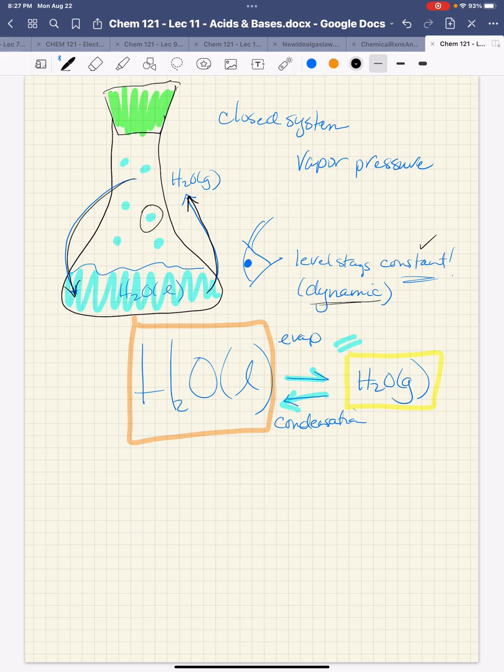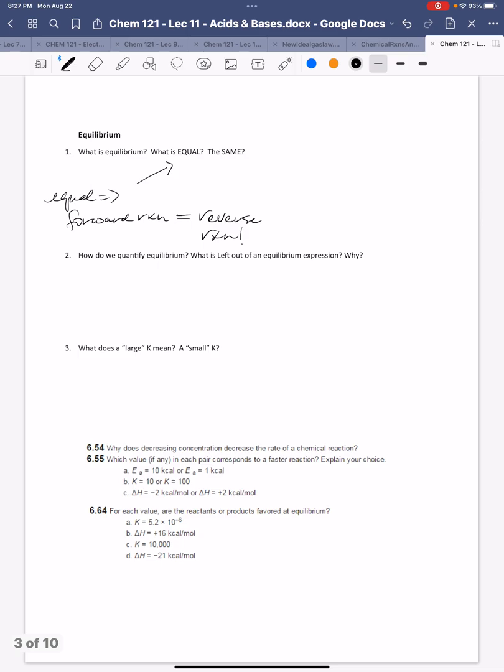So these particles are not constantly the same particles all quarter. Those particles sometimes are down here, and then sometimes they're up here, because this is a dynamic system. What stays the same is the amount of the reactant and the amount of the product. And that is kind of what it means to have a system at equilibrium.